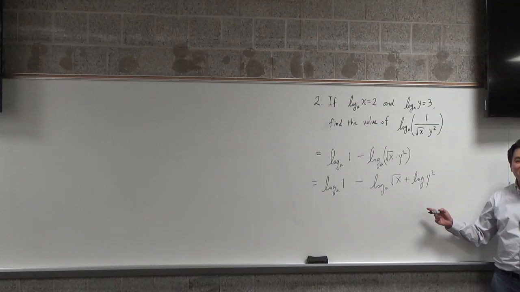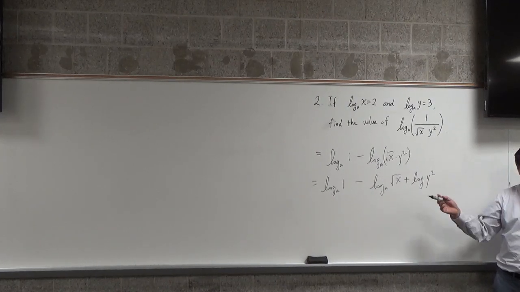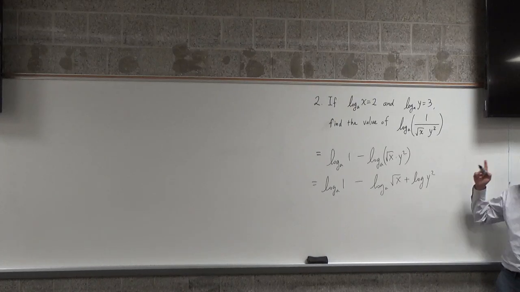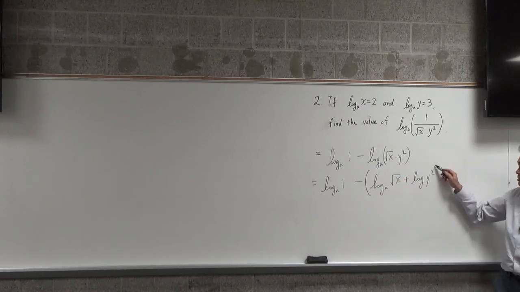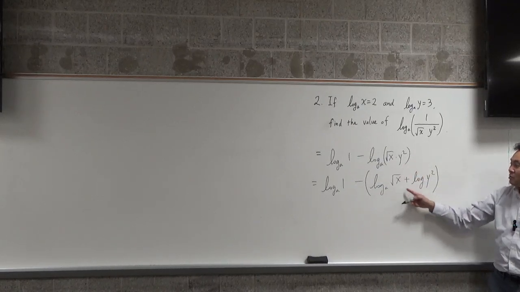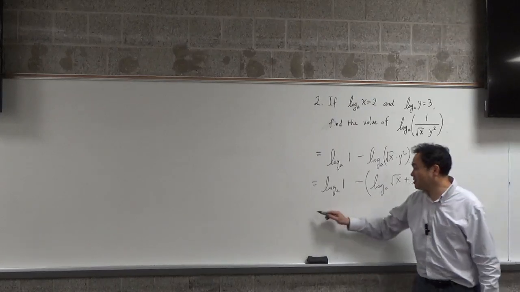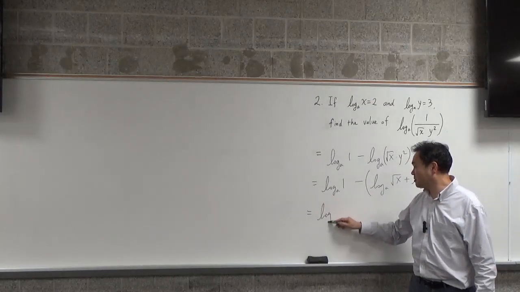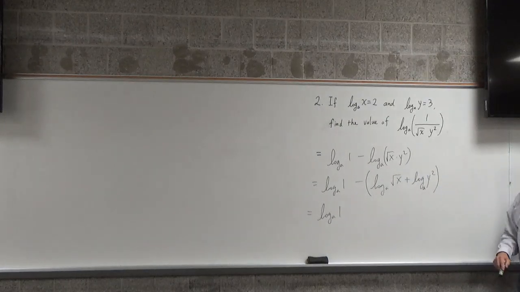No parentheses. This is the mistake that more than half of you made. I'm just walking around. So many of you made this mistake. This is wrong. How do you correct this? Parentheses. Because this single thing became two things, you better have the parentheses. Major mistake. Yes, you forgot to put the a for the log base.